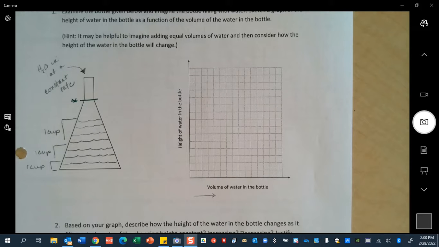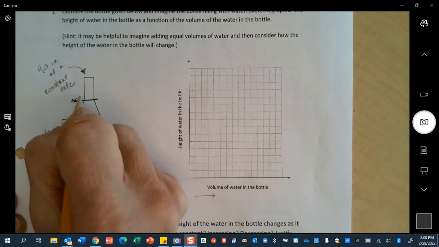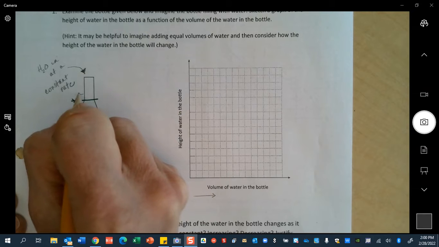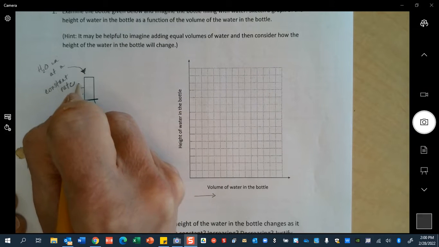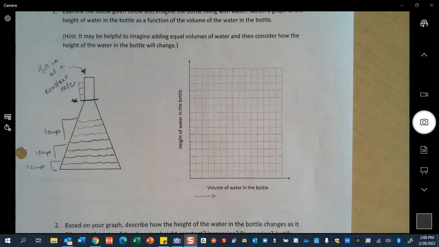Okay. Why does that happen? Because there's no more space. It's very, very skinny. But let me ask you something. Is this rate the same or increasing or decreasing?